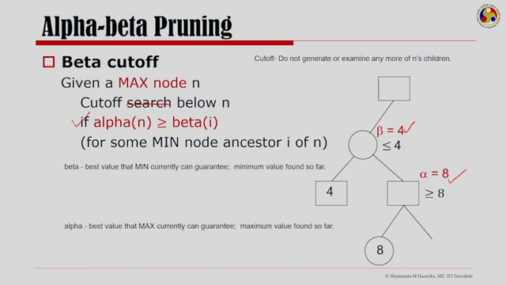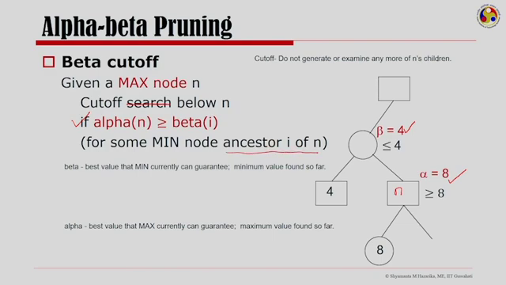Now, let us look at this condition given here. So, I have my node n here, and the alpha value of n is 8, whereas the beta value of I, which is an ancestor of n, is 4.